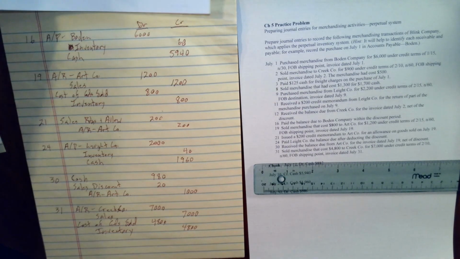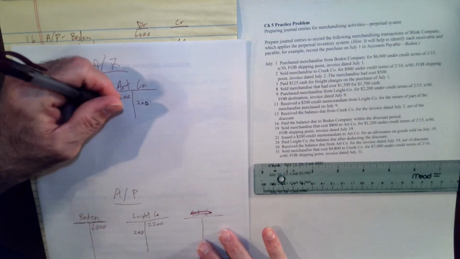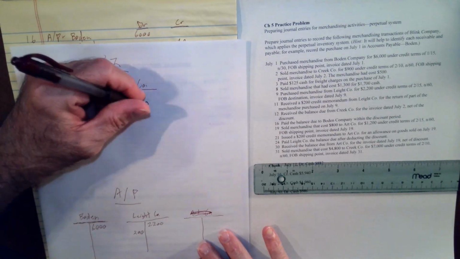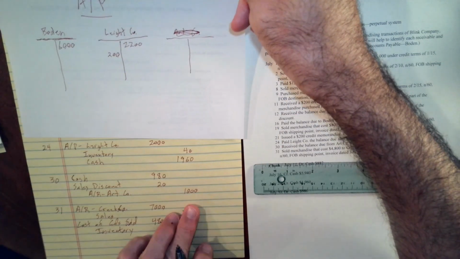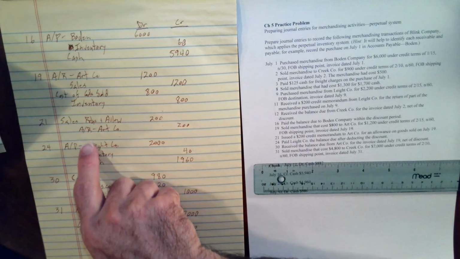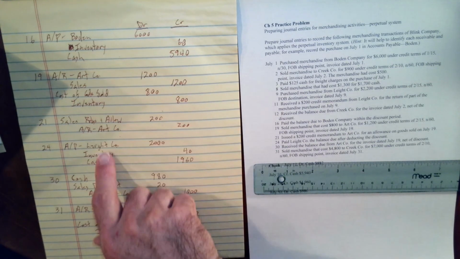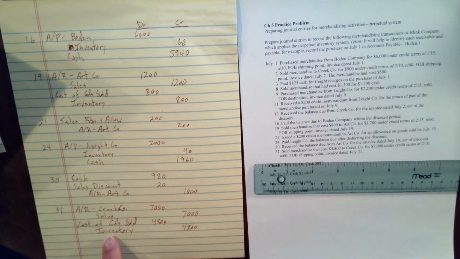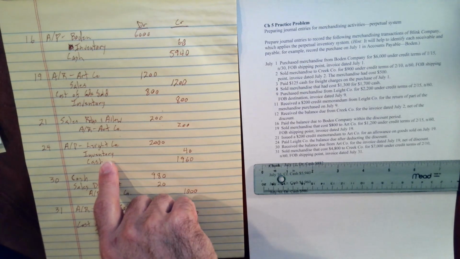So that's that. Here's my subsidiary ledgers. Let's see, I'll go ahead and put 1,000 over here because Creek got paid off, or they paid us. Okay, that was done. Bowden had 6,000. I believe they paid us off, so they did pay us, I think. No? I'm pretty sure they did.